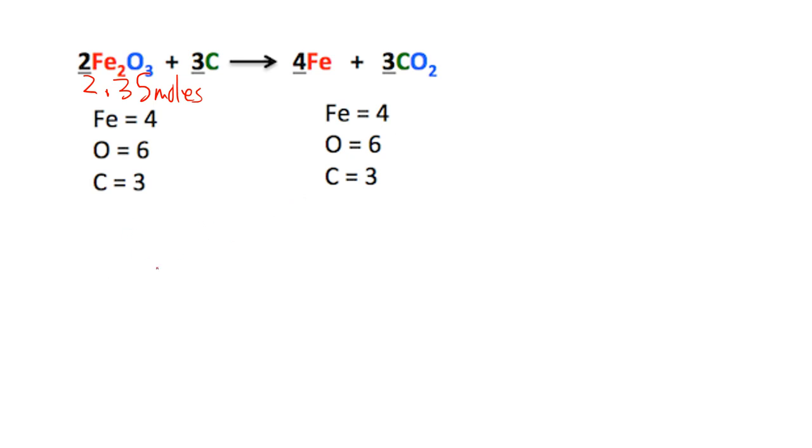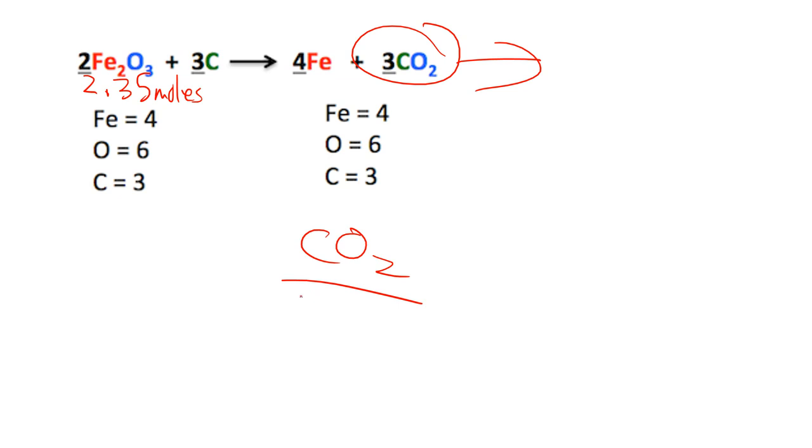Let's say it asks you how much carbon dioxide is produced. Well, just find the mole ratio. Carbon dioxide over iron oxide is equal to, well, for every 3 molecules of carbon dioxide produced, we need 2 molecules of iron oxide, so 3 over 2. And how much iron oxide do we have?